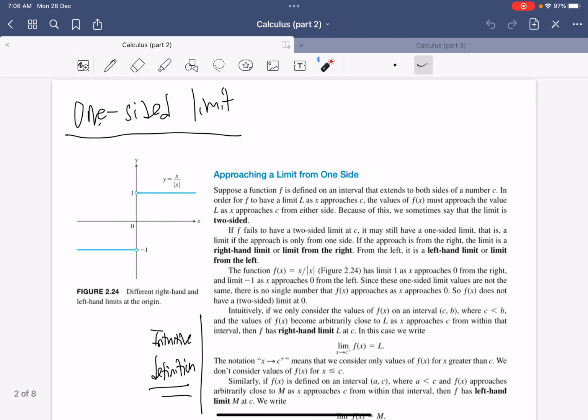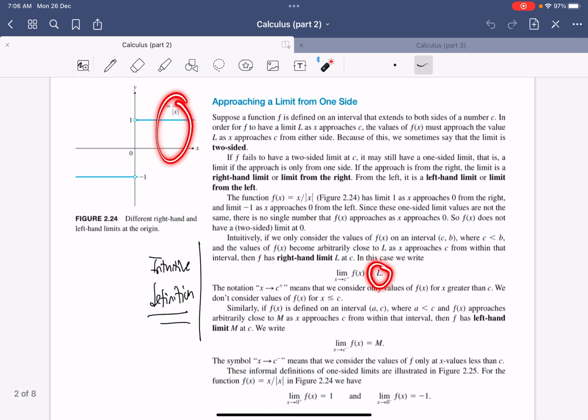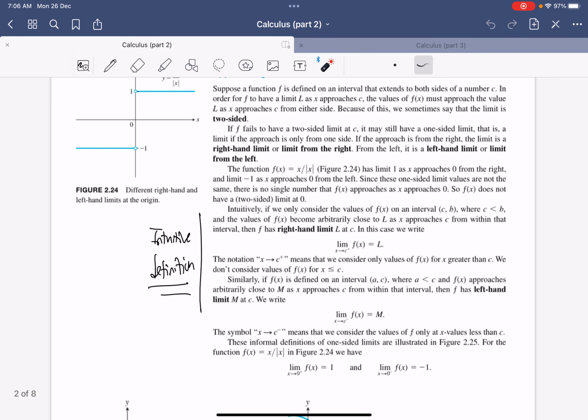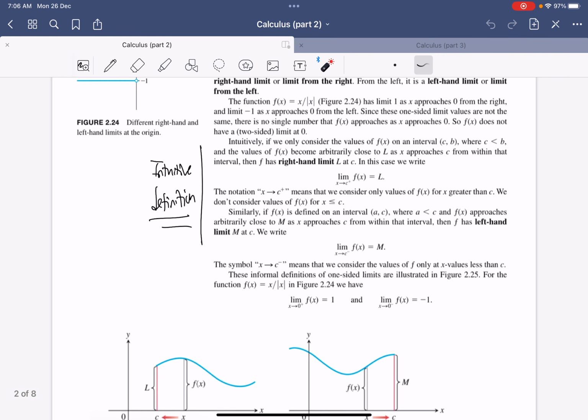It can approach different limits, as you can see from this function, x over modulus x. The limit from the right is 1, while the limit from the left is minus 1.